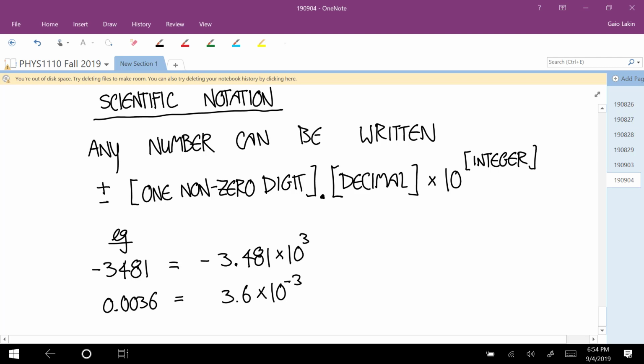But if the numbers are written in scientific notation, you never have to worry about that stuff, because the number of significant figures you have is just all the digits before the times 10 to whatever. Okay? So like this, I think this one's a good example. Do you count those zeros as significant figures or not?